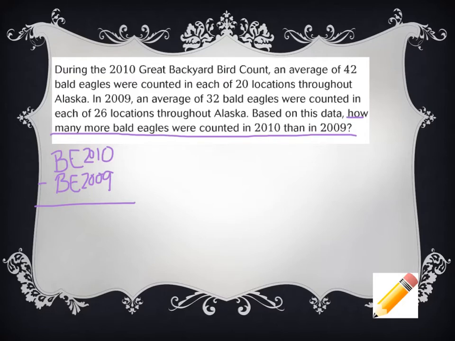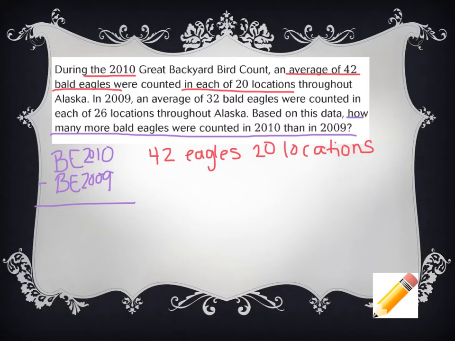Now, if I look in my problem, I can see that in 2010, there was an average of 42 bald eagles in each of 20 locations. So 42 bald eagles in each of 20 locations. For 2009, there was an average of 32 bald eagles counted in 26 locations.